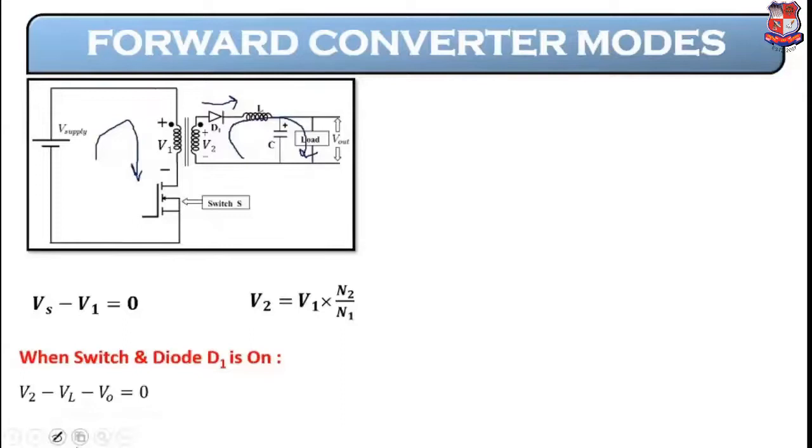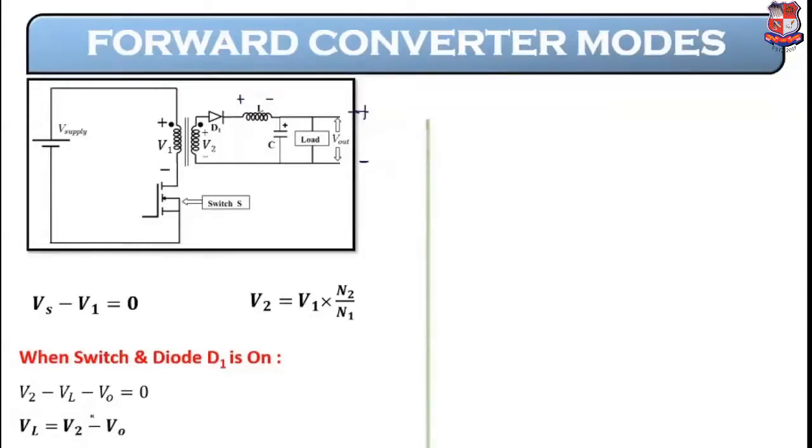Okay, so let me make the terminals. This is plus minus, and over here this is plus and this is minus. Now you can write the KVL equation V2 minus VL minus VO equals 0 when switch and diode D1 are on, and you will get VL equals V2 minus VO.